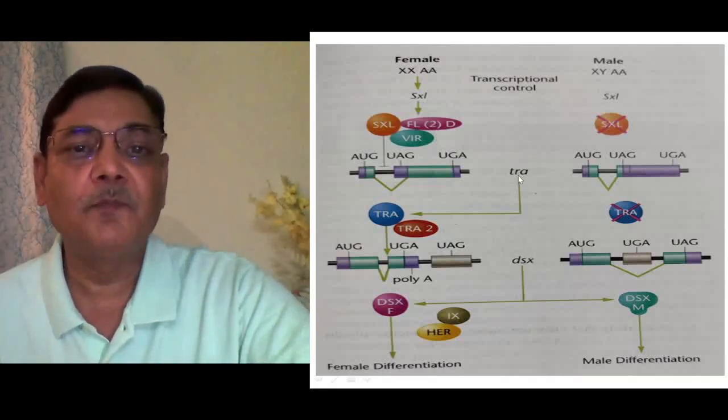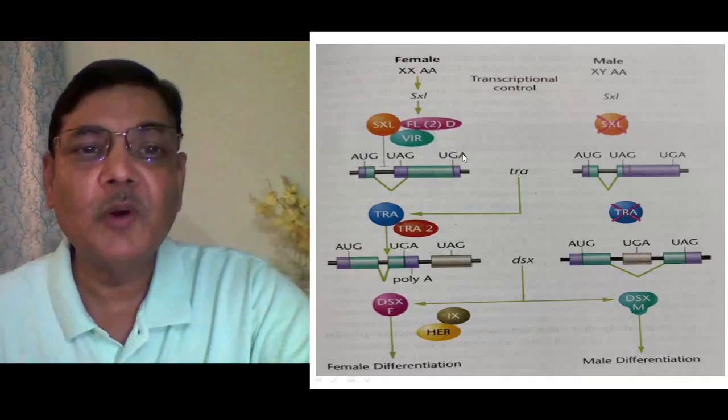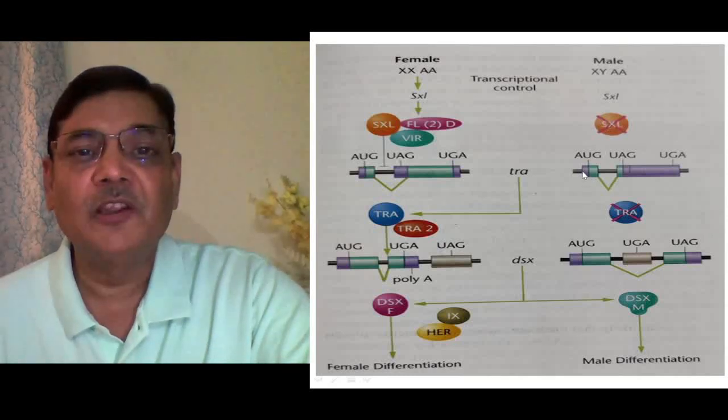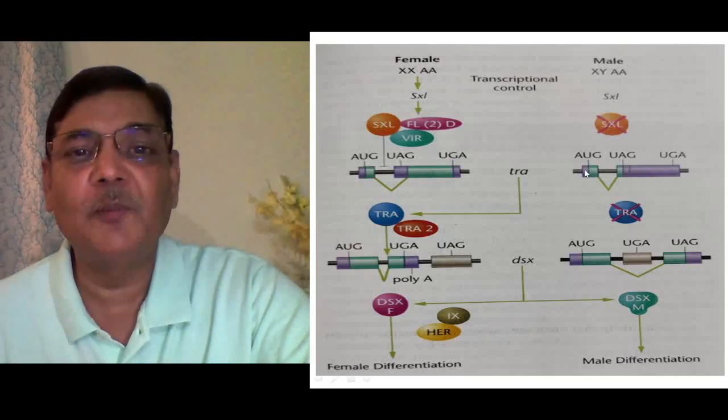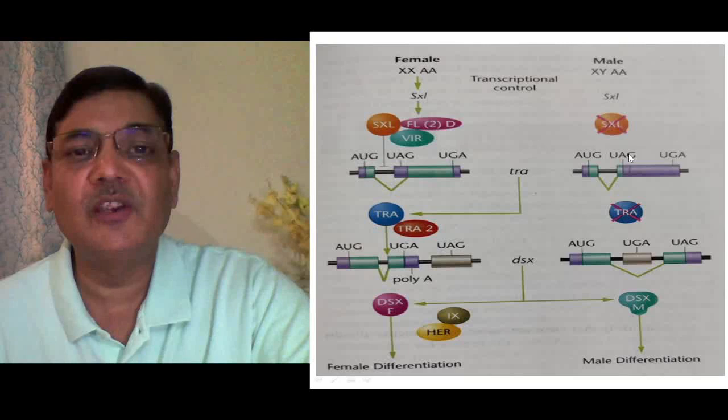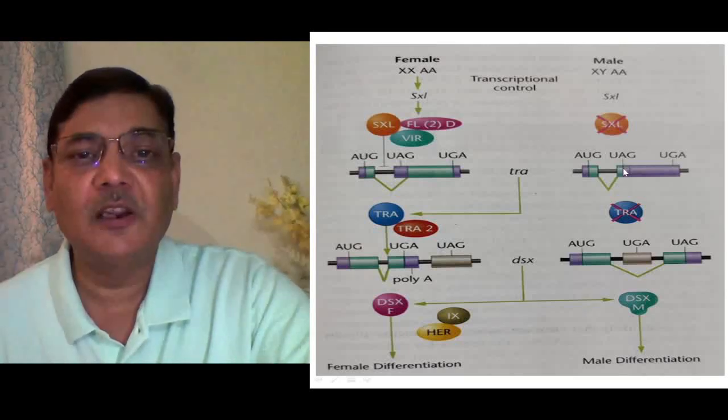in female and male embryos. So what we are seeing here is that in case of male, the sex lethal protein is actually not available because the ratio is very less, and in its absence, the processing or splicing of TRA messenger RNA will be occurring in a different manner, and the protein formed is an incomplete, truncated one, because in the messenger RNA the UAG codon is located in the middle portion of the mRNA.